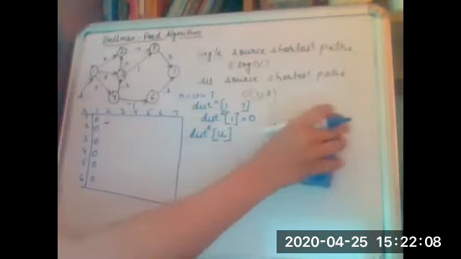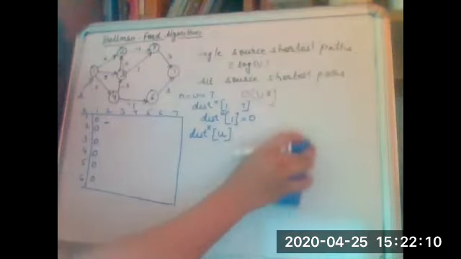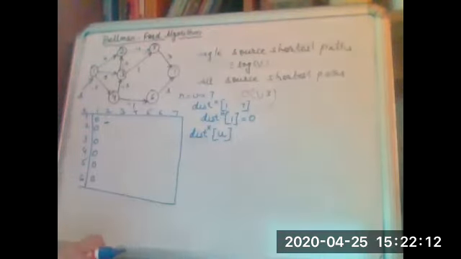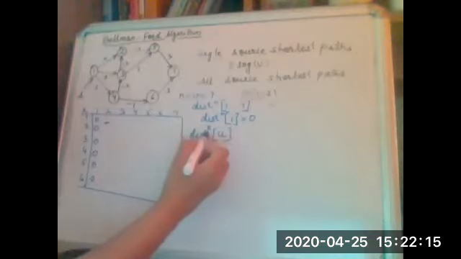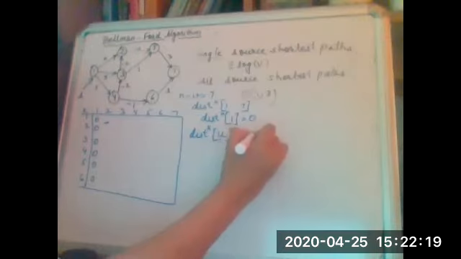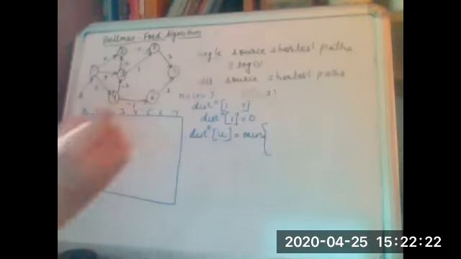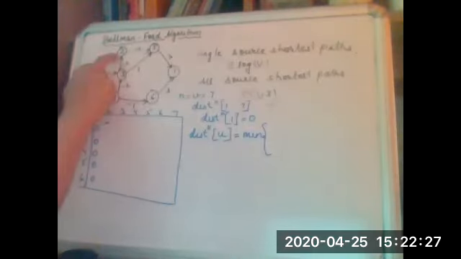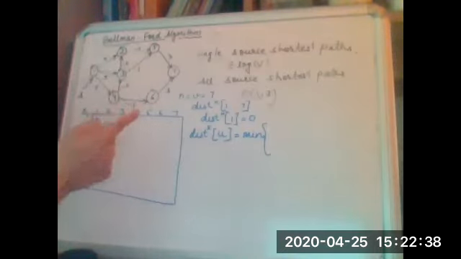In general, the distance of any vertex u from the source when we are taking k intermediate vertices is given by the minimum of two values. Either the distance when there is a direct path and I'm not taking any intermediate vertex, that is minimum, or I take a vertex, let's say 1, 3 and 2, that is minimum. Because I want the shortest path. So which one is minimum?